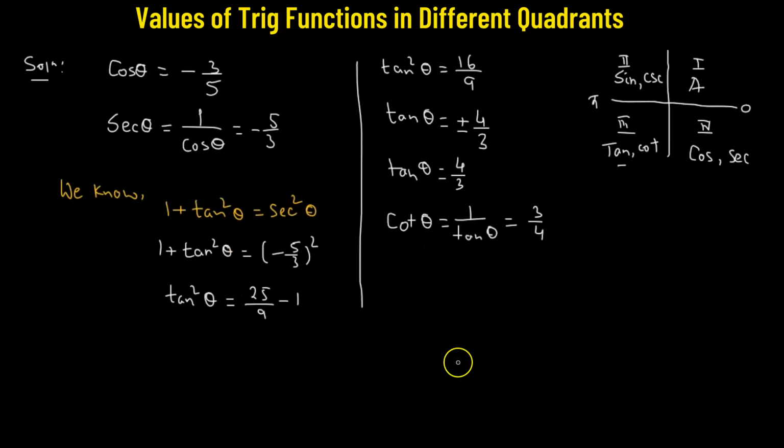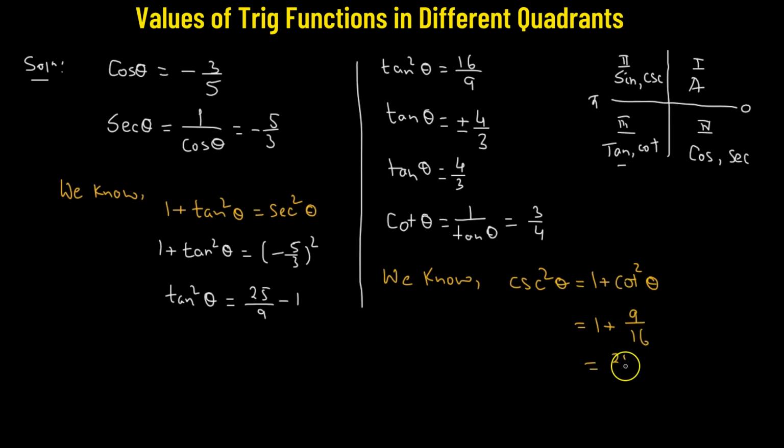To do that, let's write down another identity. We know that cosecant squared theta equals 1 plus cotangent squared theta, which gives us 1 plus 3/4 whole square, so that's 9/16. Adding them gives us 25/16.